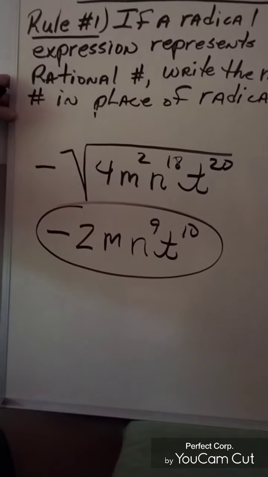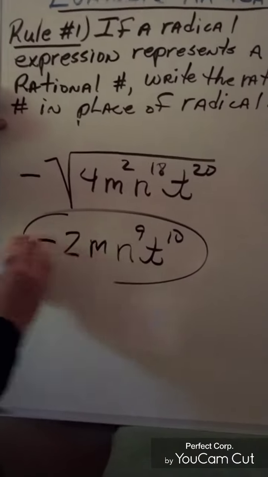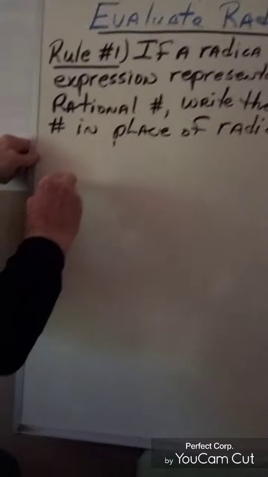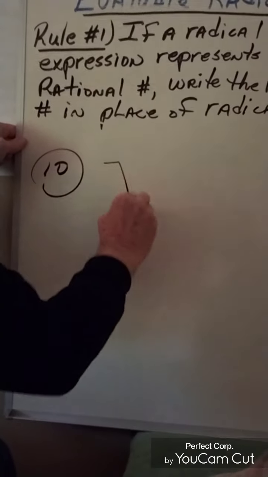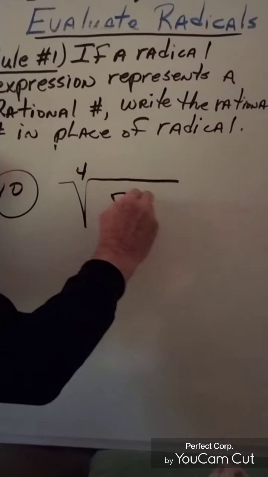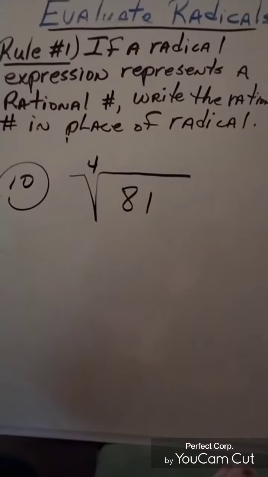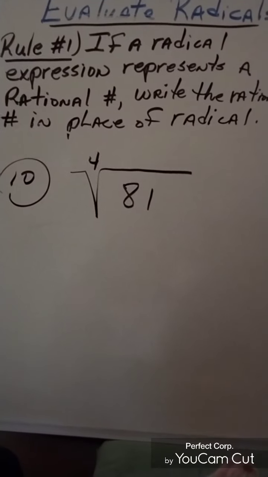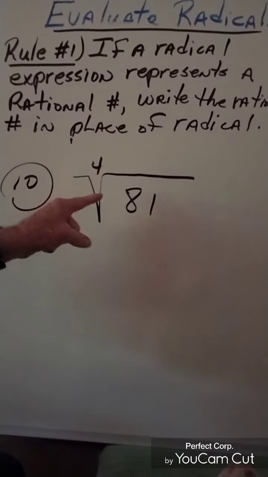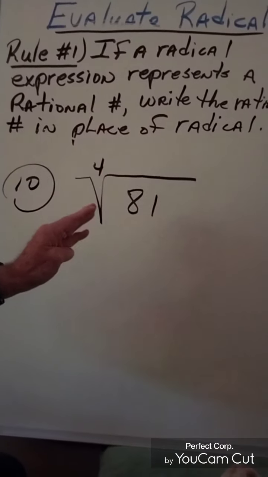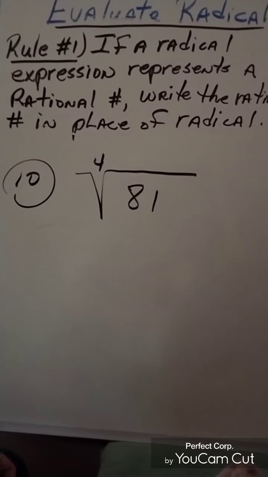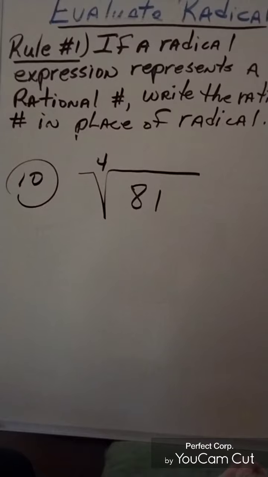Now it's going to change to another index. The 4th root of 81. Now here is where I believe that prime factorization will pay off, because even a calculator won't necessarily help somebody figure out if 81 represents a perfect fourth power.